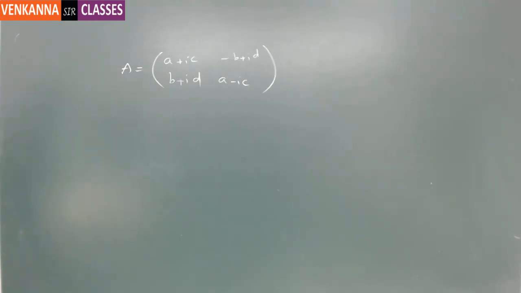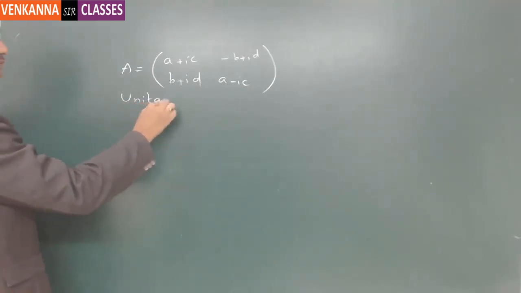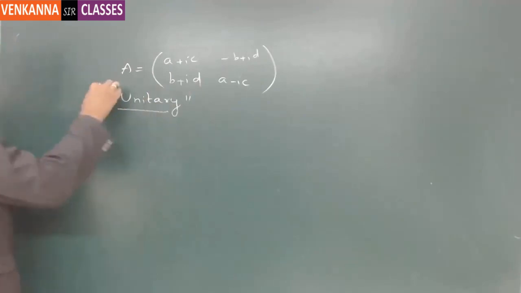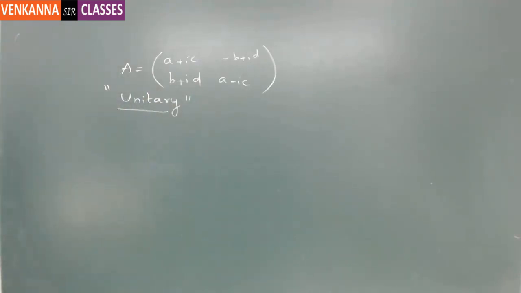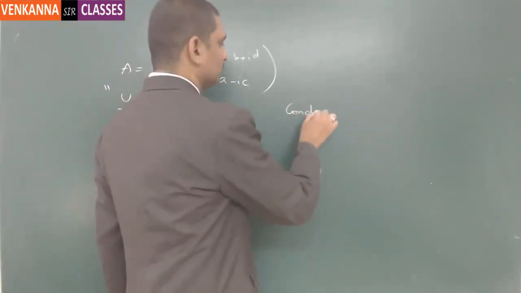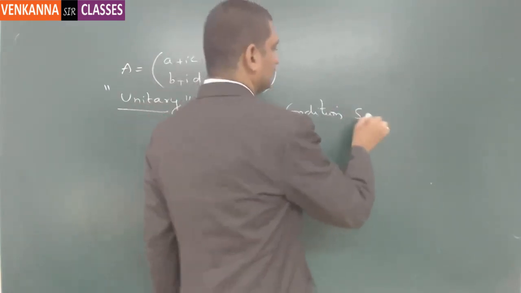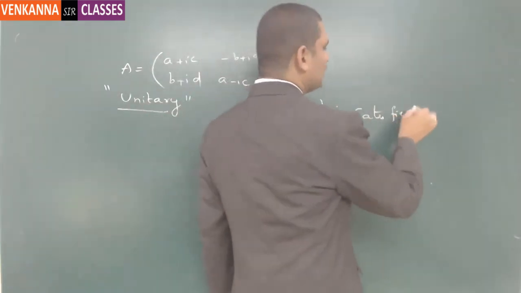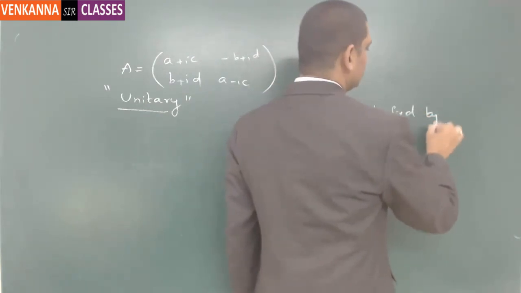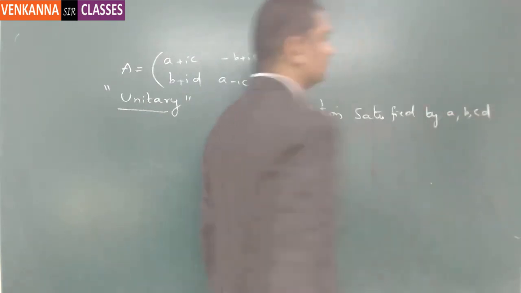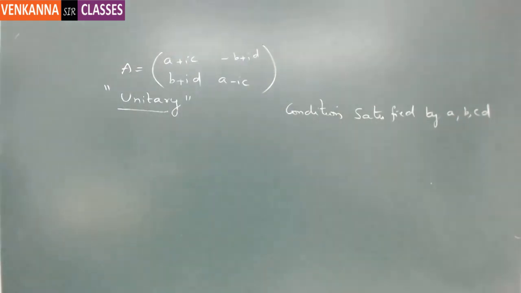Now the condition is, if the given matrix is unitary, what is the condition satisfied by a, b, c, d? Right? This was the question. It is given that the matrix A is unitary, then what is the condition satisfied by a, b, c, d?